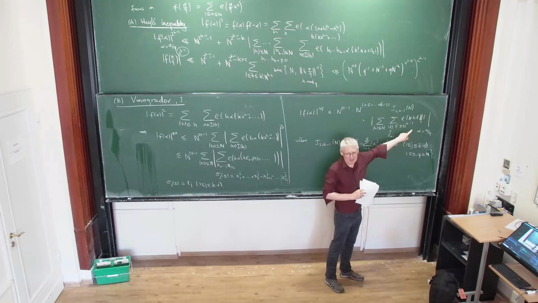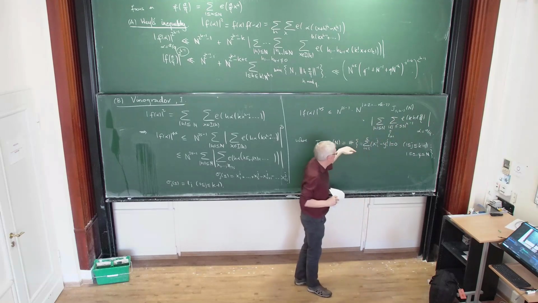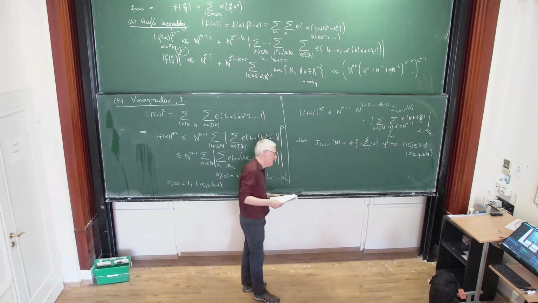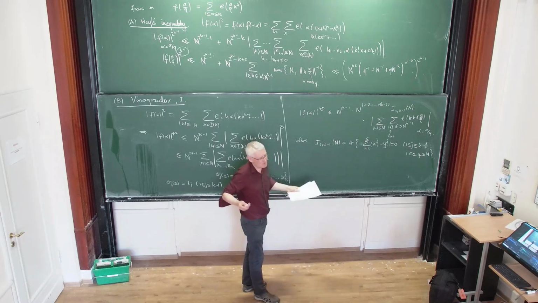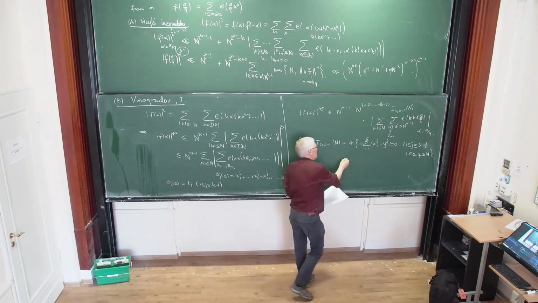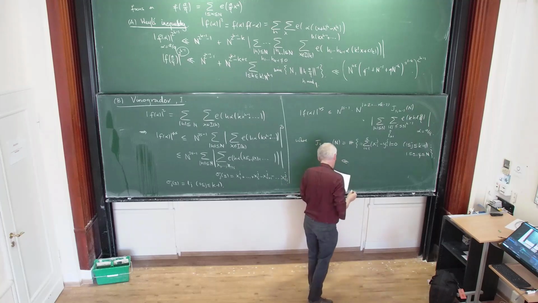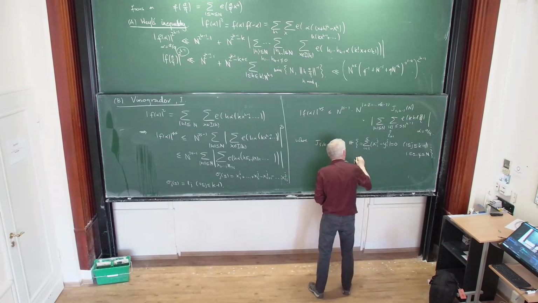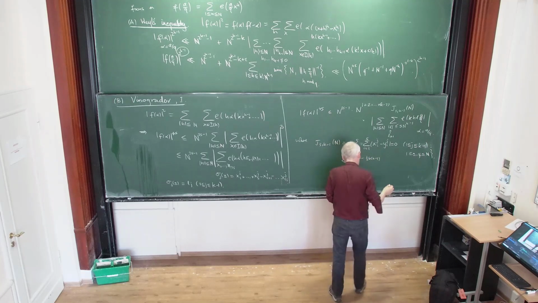In fact, it looks uncannily like what we got from the Weyl differencing step. It's just that if we understand this mean value well enough, then we don't have to use 2 to the k variables to get here, or 2 to the k minus 1 variables. We get to use something which grows quadratically with n.